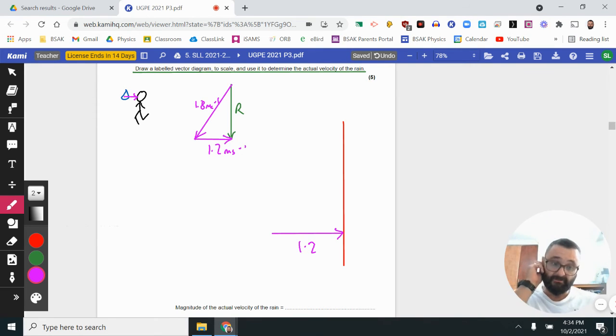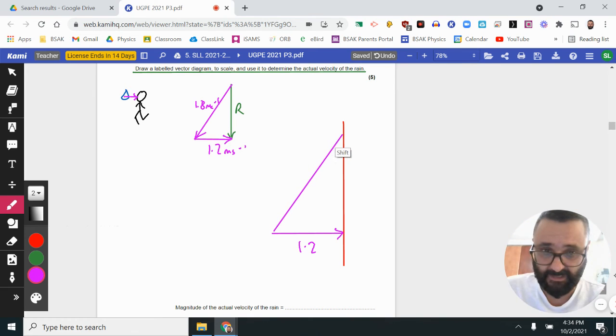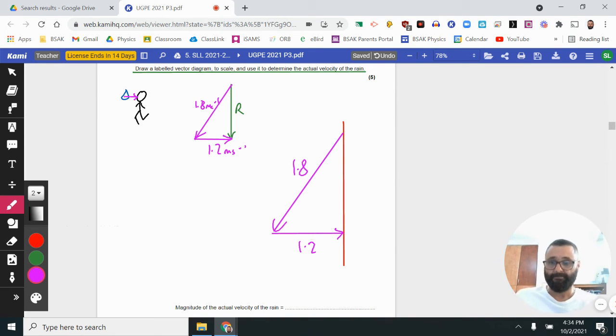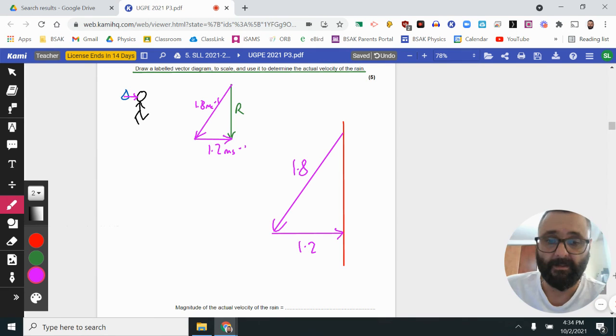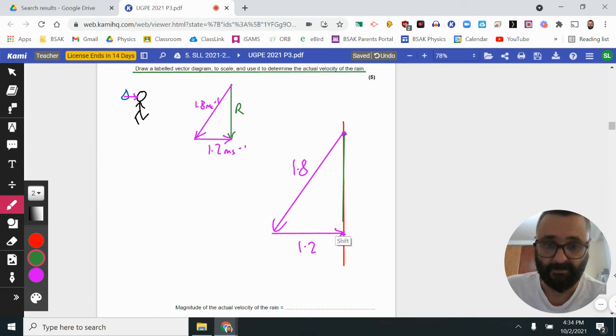And then we're going to use our ruler again and draw something that represents exactly 1.8. And have them both attached to the vertical like that. And all we need to do then is figure out the length of that using our scale.